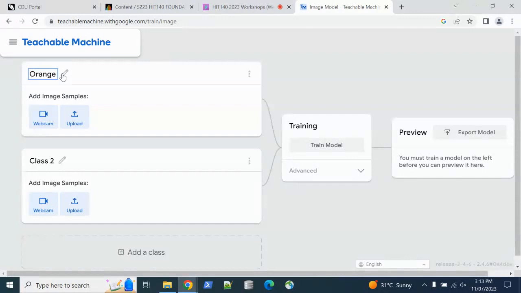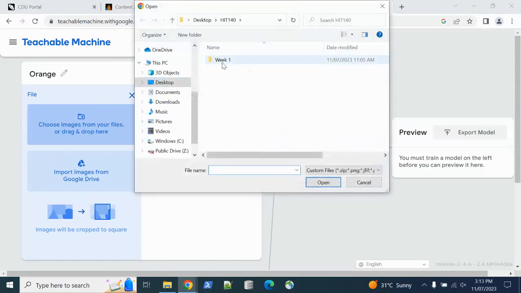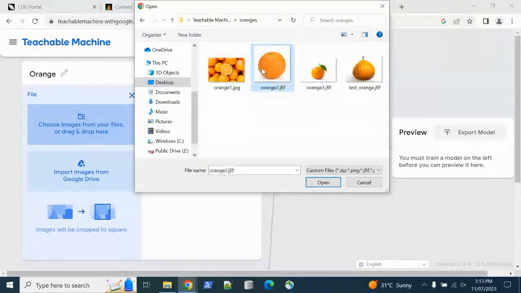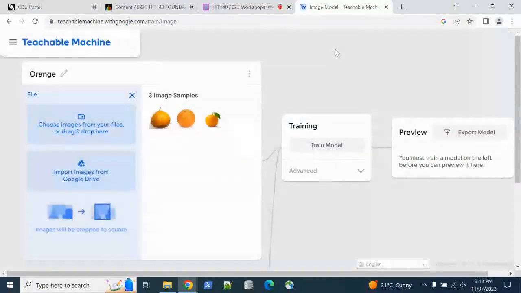So the first one would be orange. The second one, I'll call apple. And I'm just going to upload a few images of orange. Here are images of orange. Please learn from it.